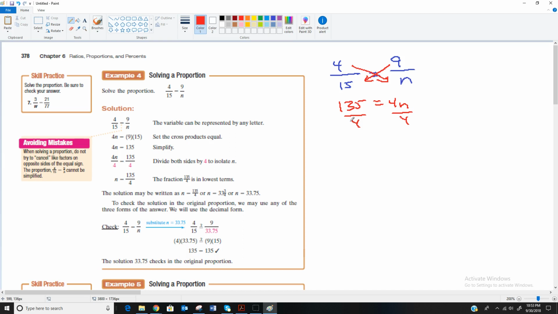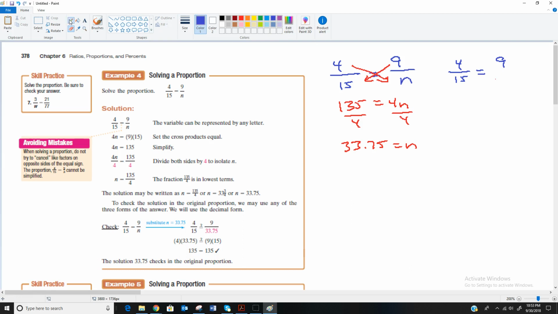And 135 divided by 4. We're not seeing if it's proportional. We're seeing what the n has to be to make it proportional. We get 33.75 is what n would have to be to make that proportional. So in other words, if I wrote 4 is to 15 as 9 is to 33 point, whoops, let me make that a little neater.